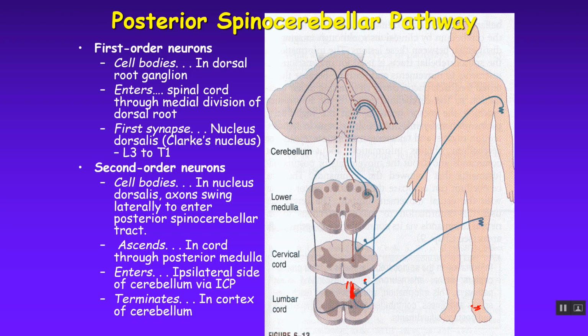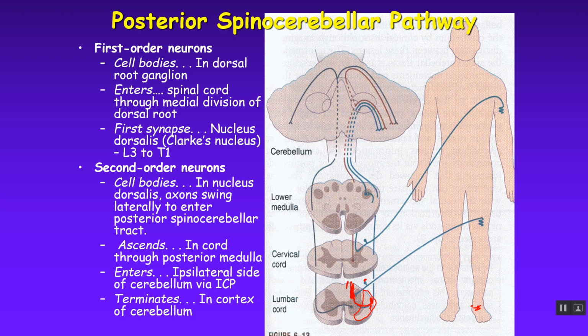Once it makes its synapse, that axon is going to swing laterally, and it's going to go into, this whole area here is called the lateral funiculus, but it's going to go into a specific region right here that's called the posterior spinocerebellar tract.